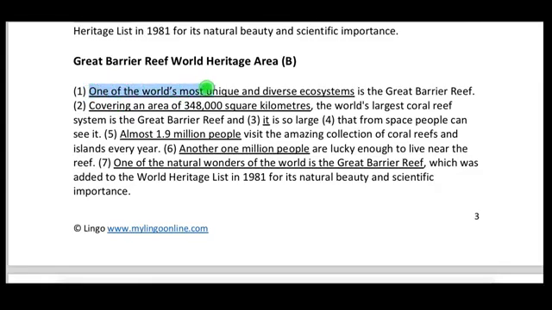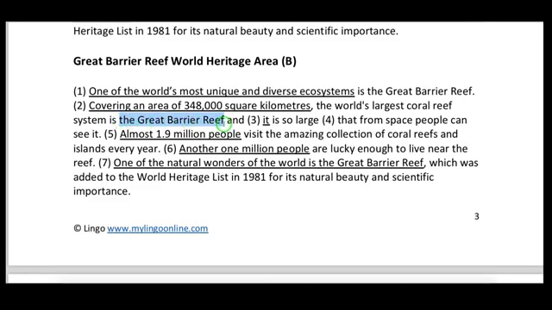However, in text B, it's quite different. One of the world's most unique and diverse ecosystems is the Great Barrier Reef. Okay, look, that doesn't sound too bad. We put the Great Barrier Reef at the end of the sentence in the focus position. But then, if you keep doing that, it kind of gets strange. Covering an area of 348,000 square kilometers, the world's largest coral reef system is the Great Barrier Reef.